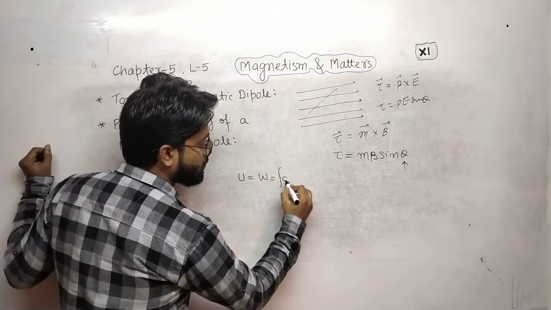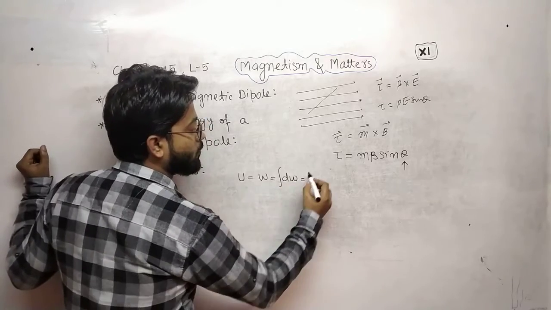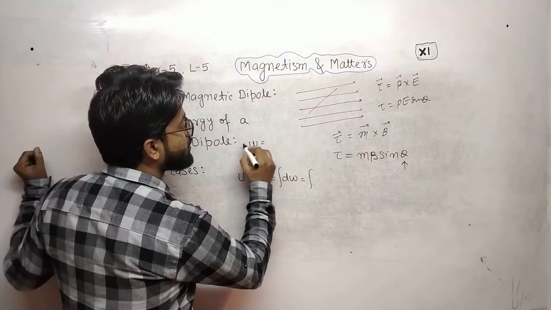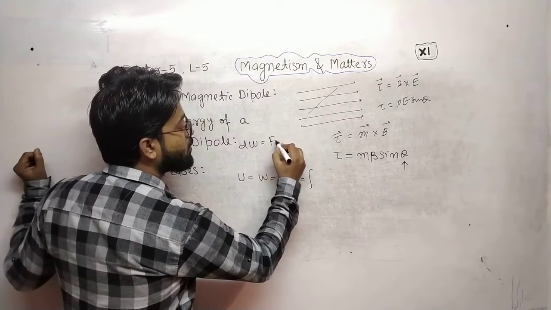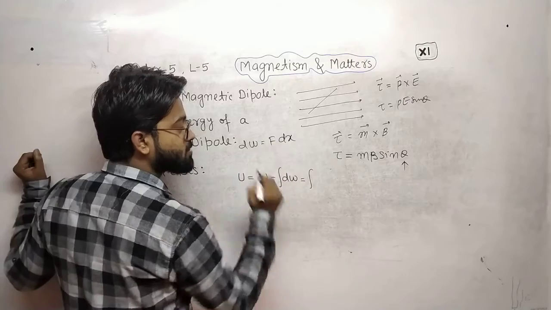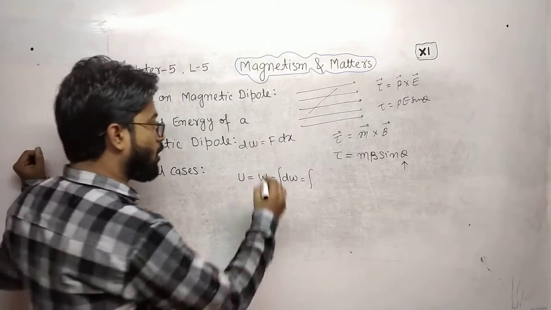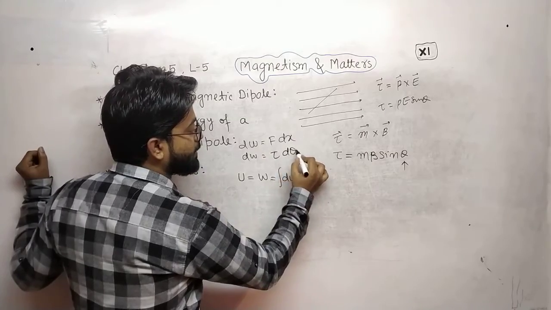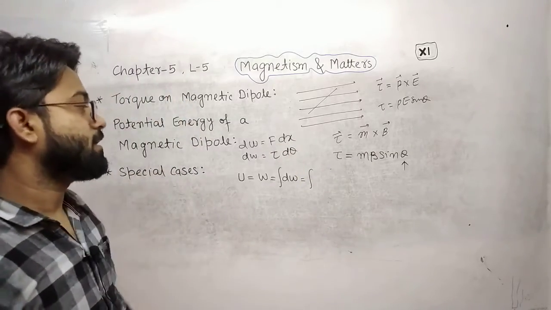This will be equal to integration of dW, and you know that dW is equal to F dx, where x is the linear displacement, or dW is equal to tau d theta, where theta is the angular displacement.